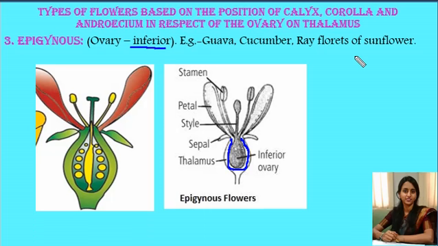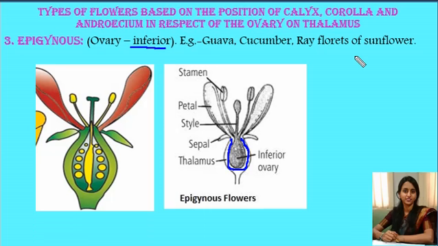You need to remember, based on the position of calyx, corolla and androecium in respect of the ovary on the thalamus, three types of flowers have been described. First one is hypogynous, where the ovary is said to be superior. Second one is perigynous. In perigynous flowers, the position of the ovary is half inferior.